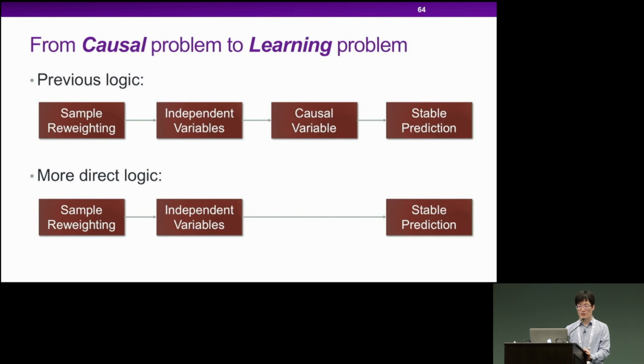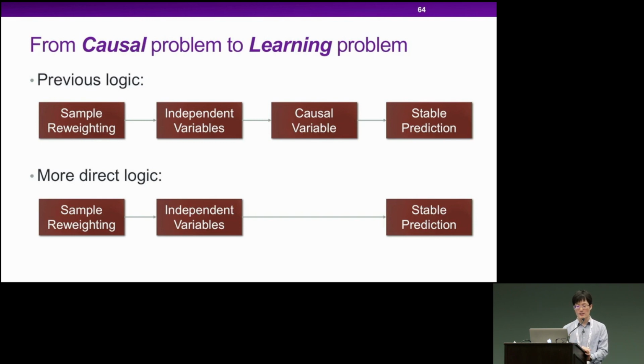The previous logic is: we do sample reweighting, then we find the independent variables, and from the independent variables we find the causal variables. The hypothesis is that the causal variables are stable, so we can make stable predictions. That's the previous logic.